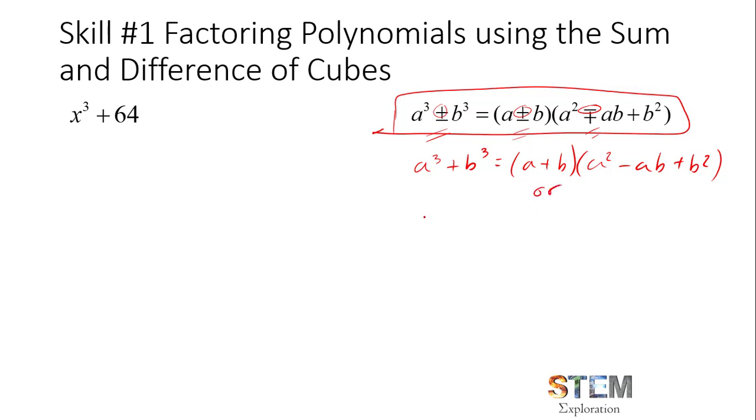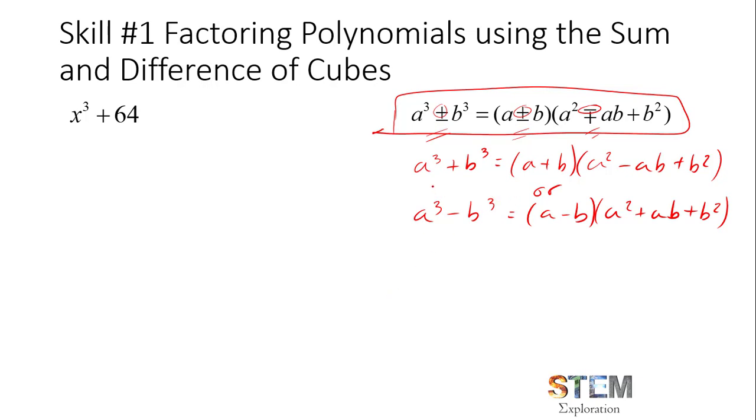And the other equation is a cubed minus b cubed is equal to a minus b times a squared plus ab plus b squared. If it's hard to look at this equation and identify the two different aspects of it, there's nothing wrong with writing them separately and using them in that way.